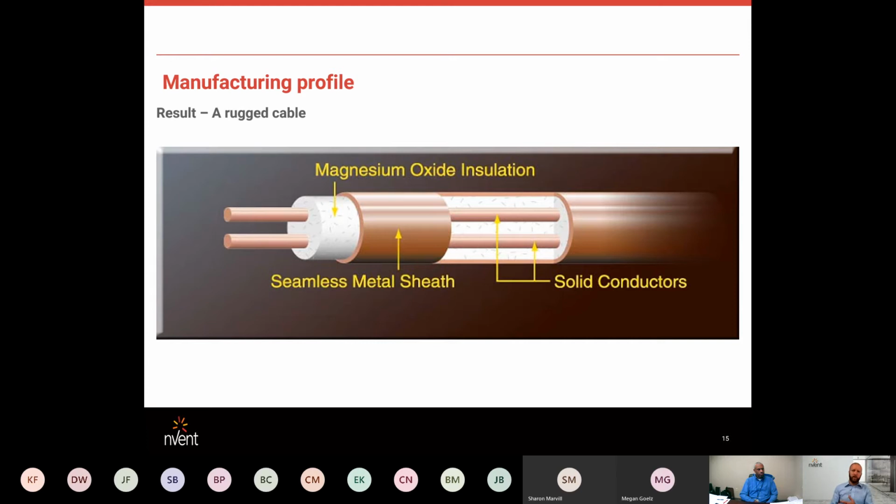So you may ask, well, if self-regulating is so great, why are we still manufacturing and applying an MI cable product? Most of the time, it's temperature. When you have these polymeric or self-regulating cables, the maintained temperatures and the temperatures the cable can be exposed to are limited. For most applications that we run into, the self-regulating and polymeric are fine.